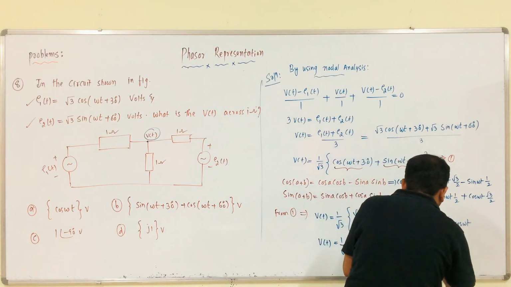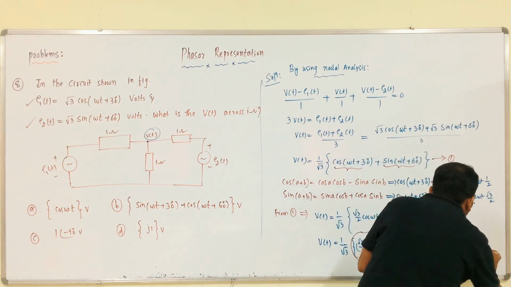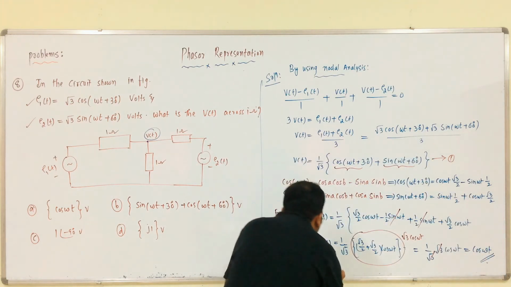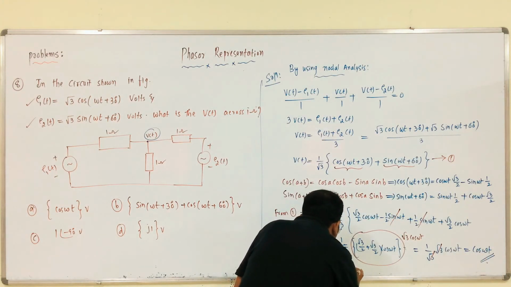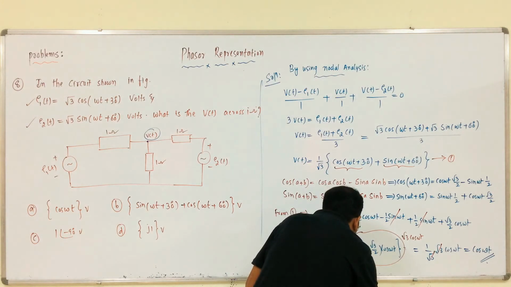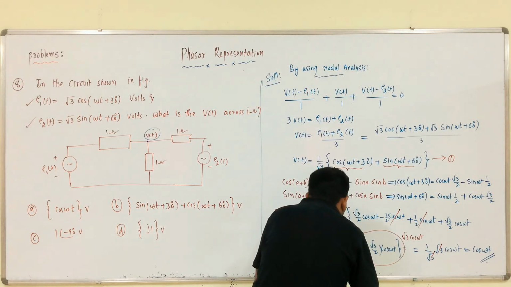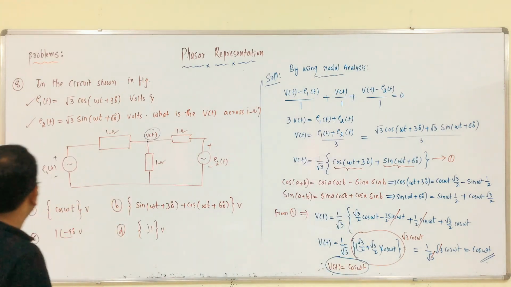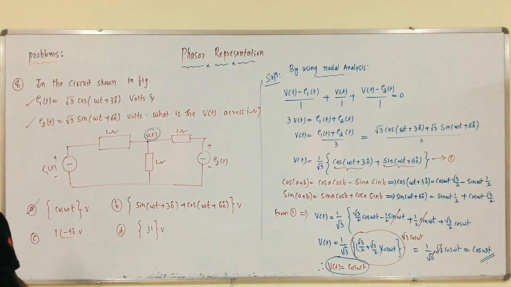Therefore, root 3 gets cancelled. Finally, we have cos omega t, that is it. Therefore, the voltage across the 1 ohm resistor is cos omega t. The answer is cos omega t. Option A is the correct answer.